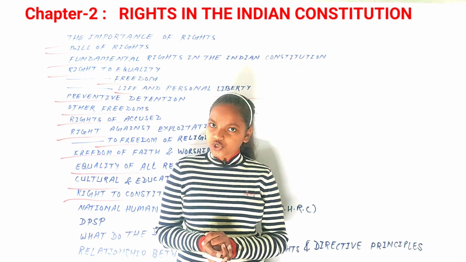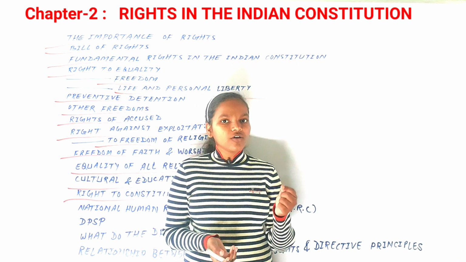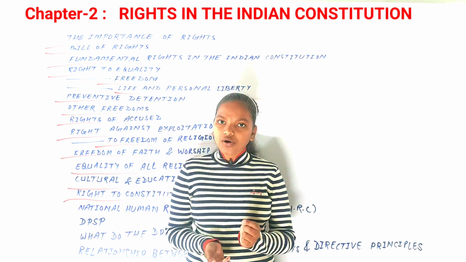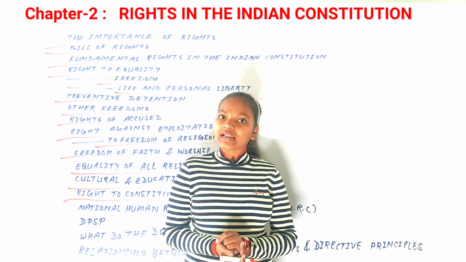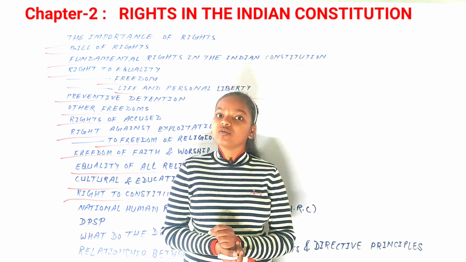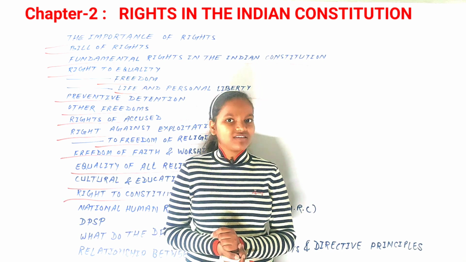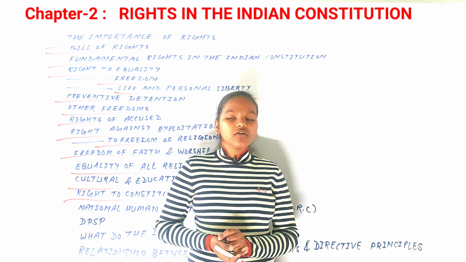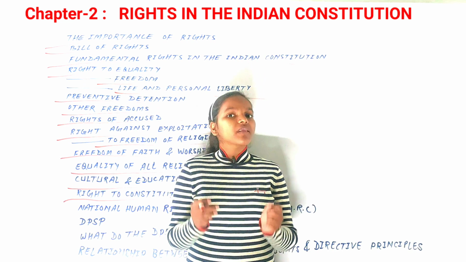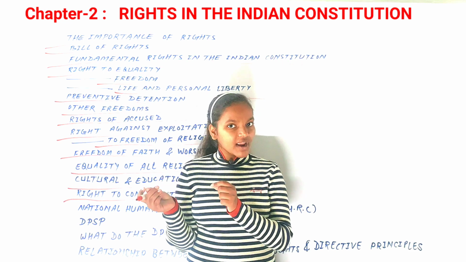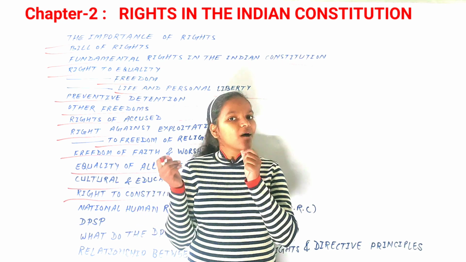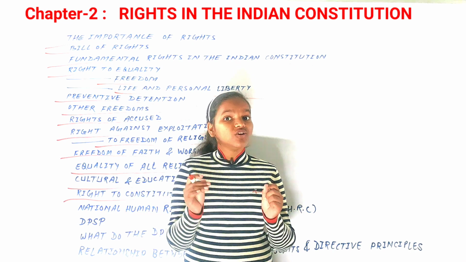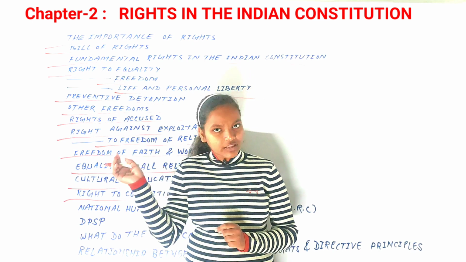Prohibition writ is issued by a higher court, it could be the Supreme Court or the High Court, to a lower court when it sees that that particular lower court has gone beyond its jurisdiction. Fourth, we have quo warranto. Quo warranto is issued when the apex court finds a person, a public officer, holding a public office but is not entitled to it.